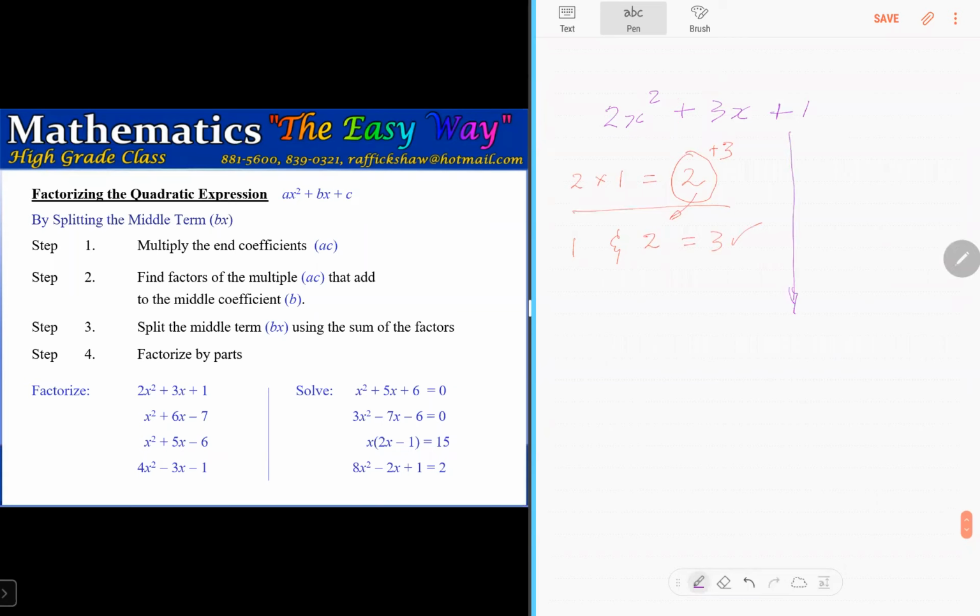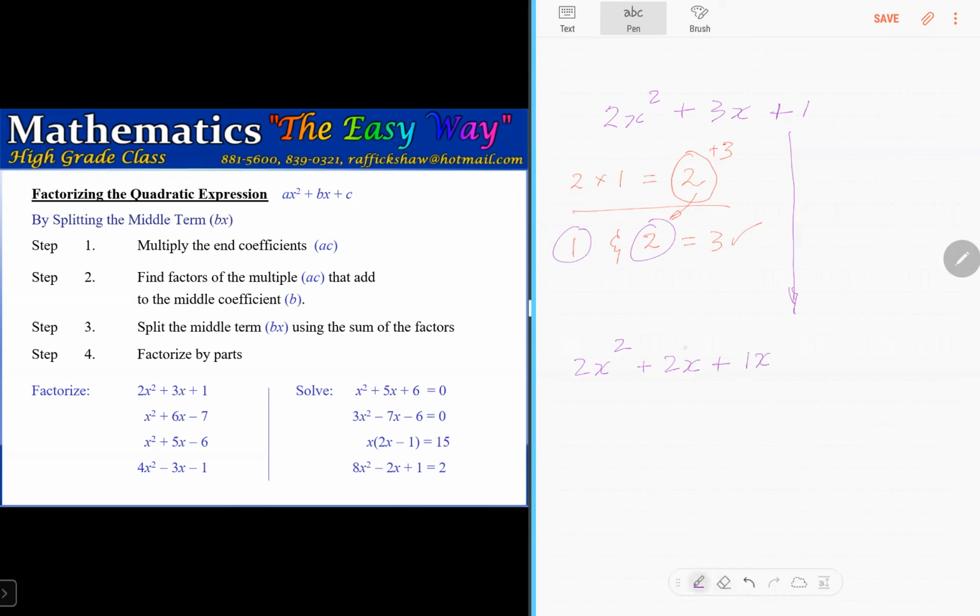So that equation becomes 2x squared, and then the 3x in the middle becomes 2x plus 1x.